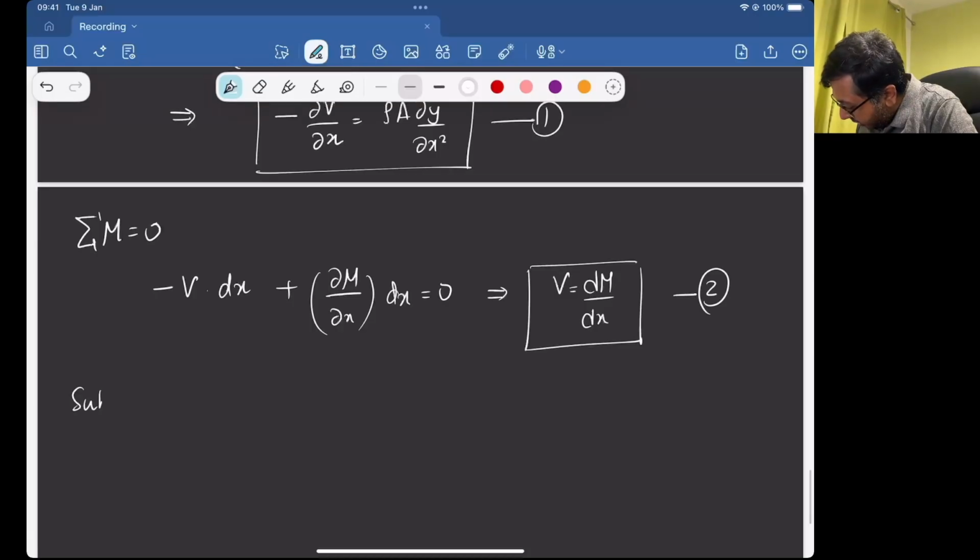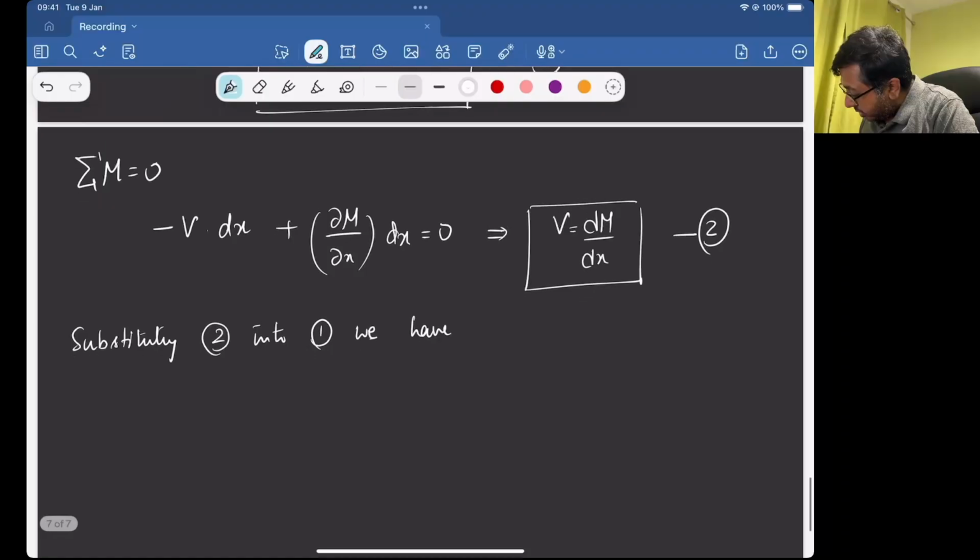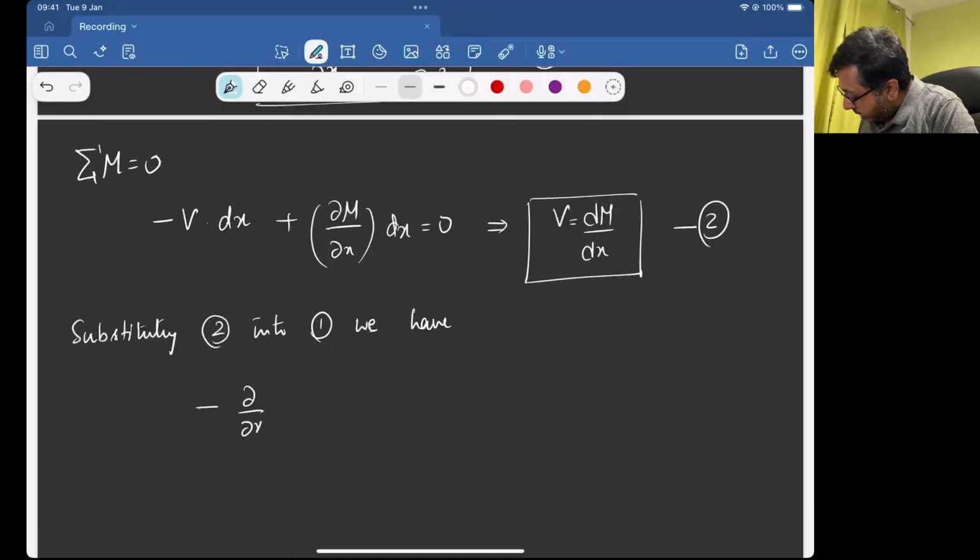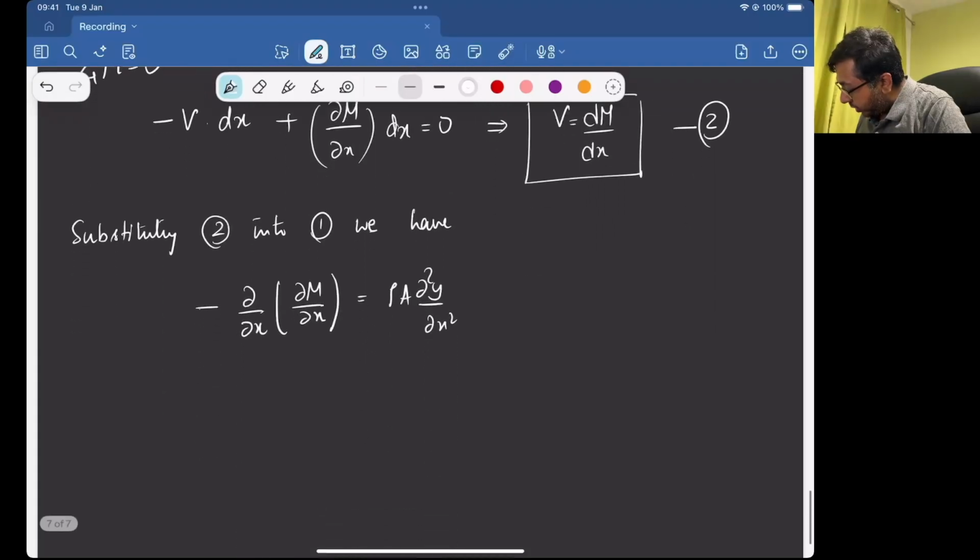Substituting 2 into 1, we have minus ∂²M/∂x² equal to ρA ∂²y/∂t². It's a time derivative because it's acceleration, right? So that implies I have ∂²M/∂x² equal to ρA ∂²y/∂t² (with the sign as derived).